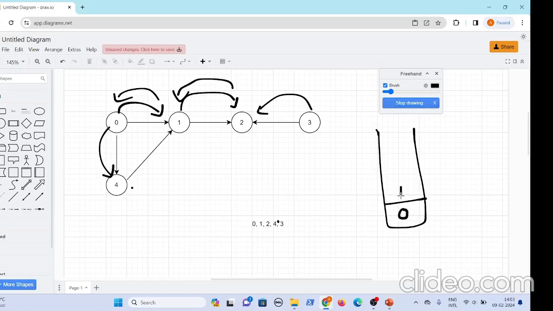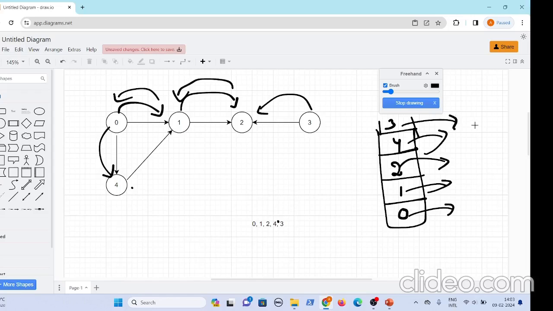Next I'll go to 1, then 2 would be there. After that, you will pop out 2, pop out 1, and then put 4. From 4 you have an edge, but that vertex is already visited, so there is no way from 4. You will pop it out. Then you will pop out 0 as well, because there is nothing from 0. Then you will put 3 here and then pop it out.